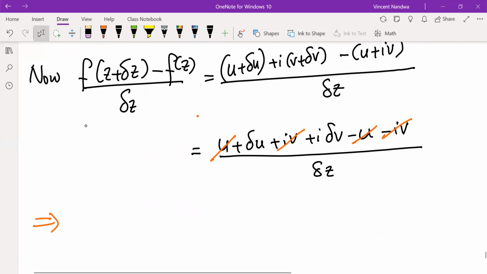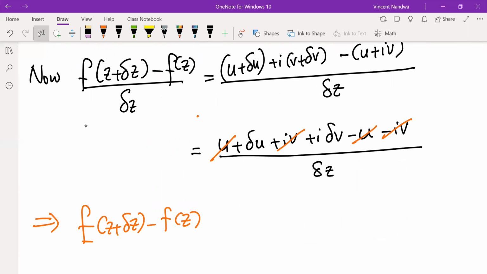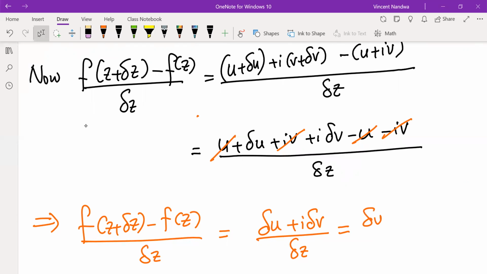So f of z plus delta z minus f of z divided by delta z is nothing but delta u plus i delta v divided by delta z, which can be written as delta u over delta z plus i delta v over delta z.